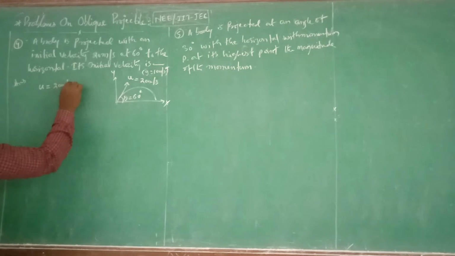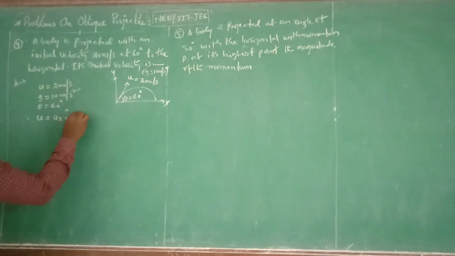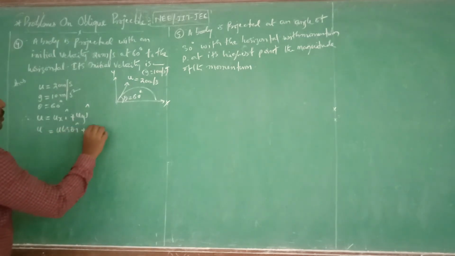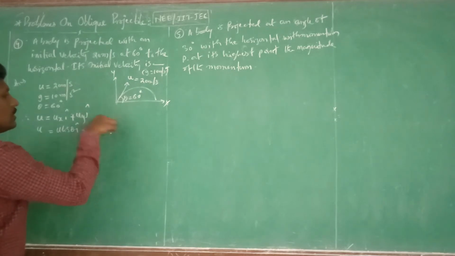Let us see. u equal to 20 meter per second. g value is given, that is 10 meter per second square, and the angle is 60 degrees. So we know that u is equal to what? ux i cap plus uy j cap. That is u cos theta i cap plus u sin theta j cap.